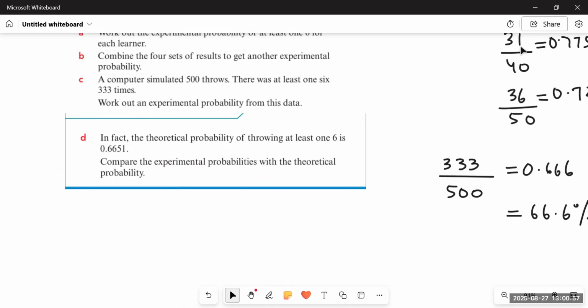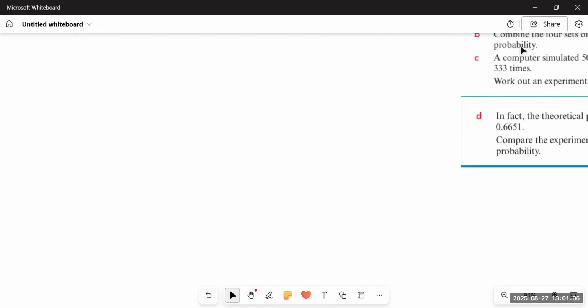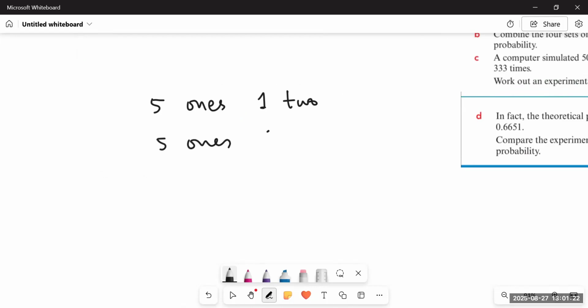Now it's very difficult to calculate the theoretical probability of at least one 6. Why? Because we have to make so many combinations, like having 5 ones and 1 two, and then 5 ones, 1 three, 5 ones, 1 four.